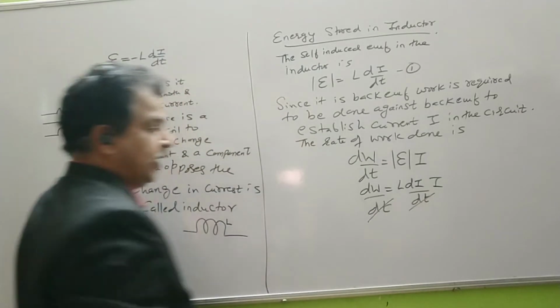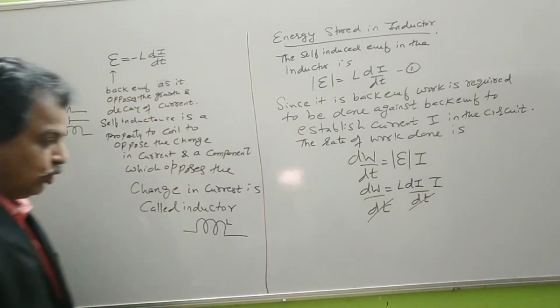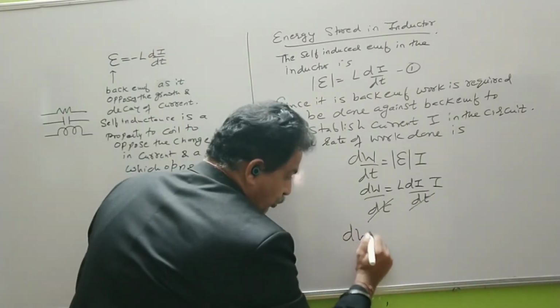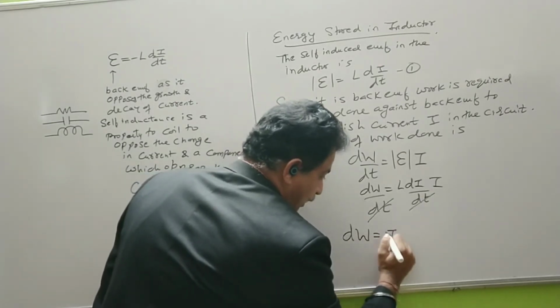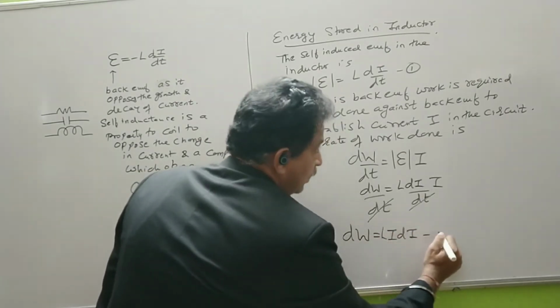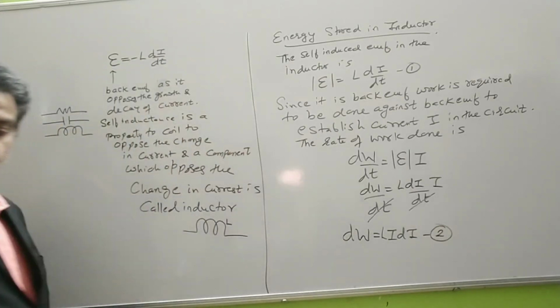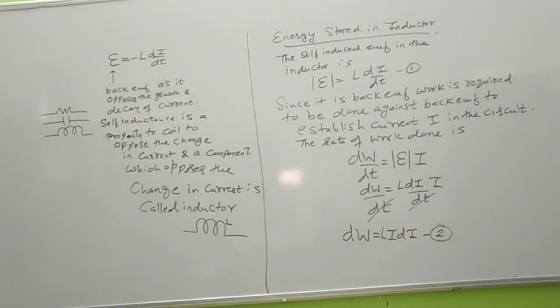This dt is cancelled. So the work which is required to be done can be obtained by integrating this equation number 2 with the proper limit.